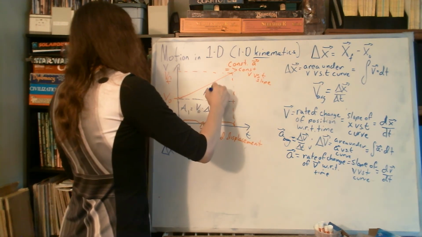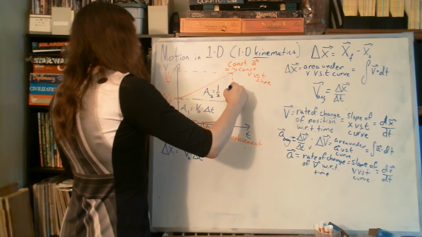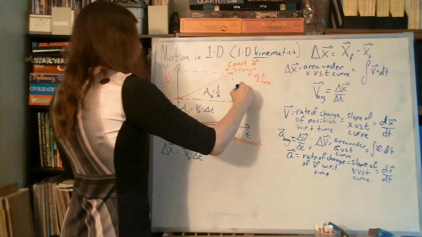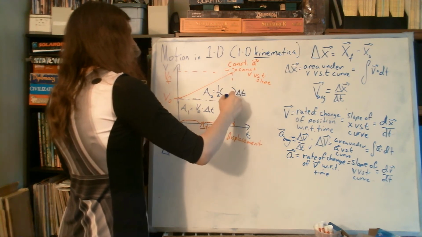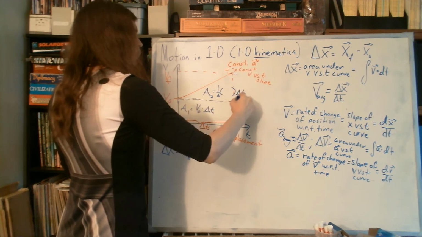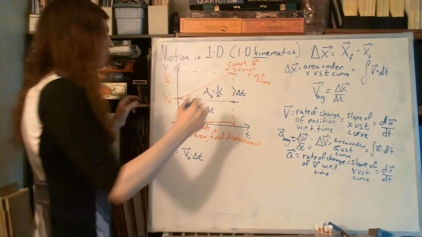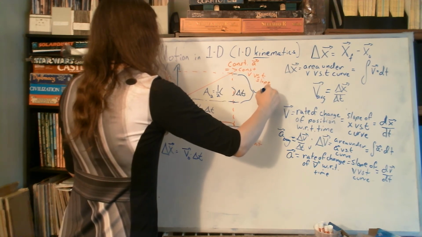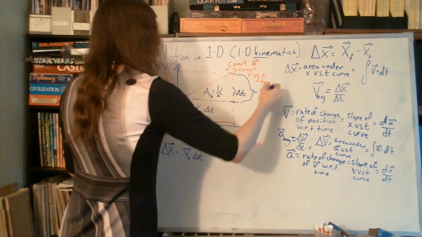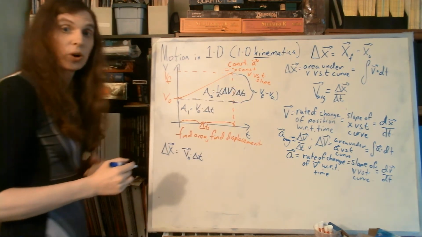The area of triangles is 1/2 the base, which is the change in time, times the height. And the height here is the difference between the final velocity and the original velocity. So this distance here is v final minus v0. I'm going to write that as delta v for short.